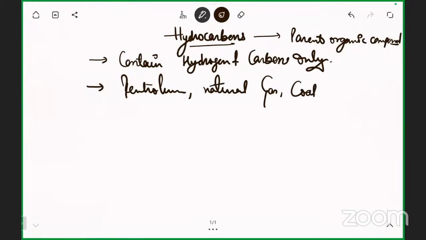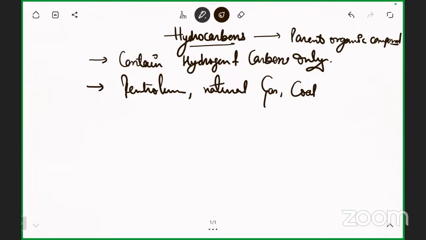So these are the natural sources from where we can get hydrocarbons very easily. Hydrocarbons play a very important role in our life and in our world. Approximately everything around you contains carbon.